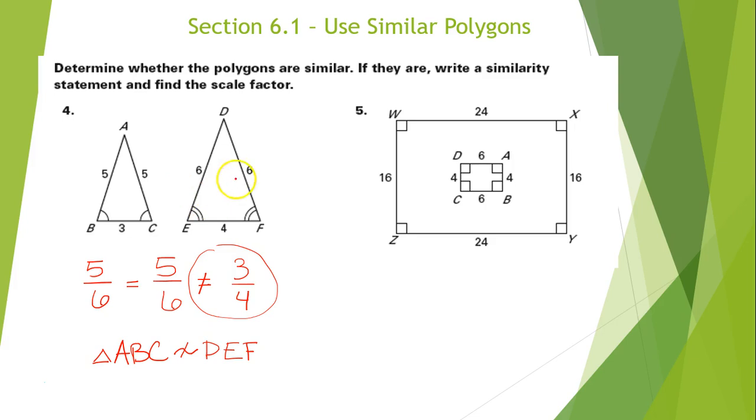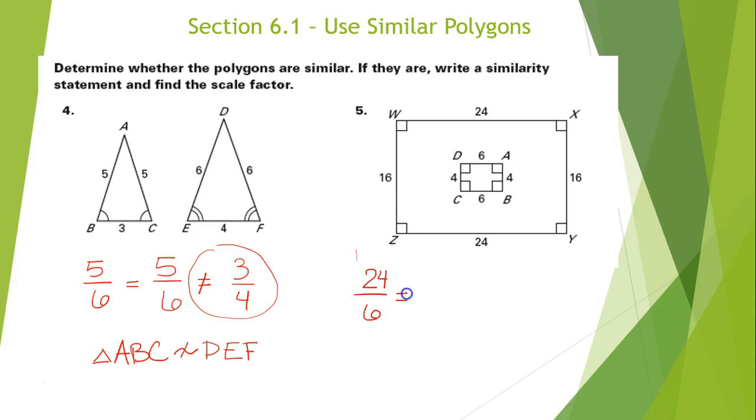I'm going to pair up WX with DA. So WX and DA, let's go ahead and write the numbers for that: 24/6, because this is 24, this is 6. Let's do the same thing with ZY over CB, which is going to be the same.